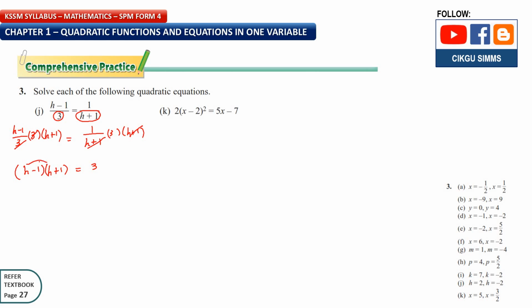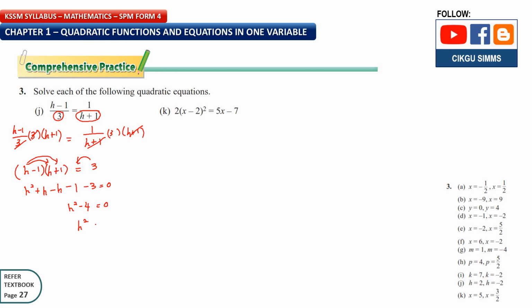And then you need to expand. So h squared plus h minus h minus 1 minus 3 equal to 0. I bring my 3 here. So h squared minus 4 is 0.